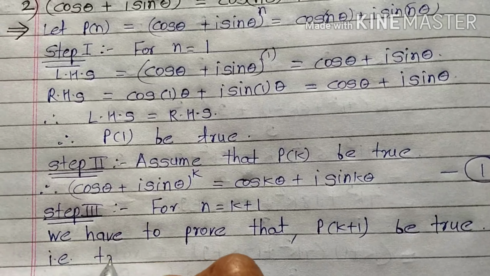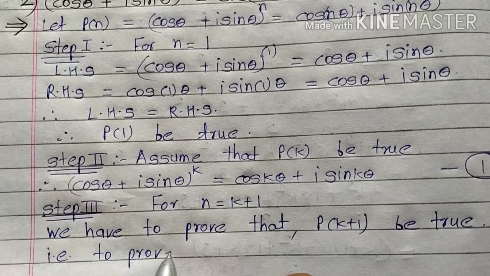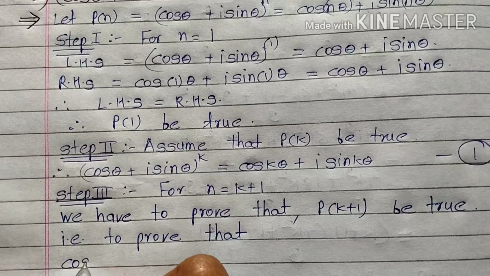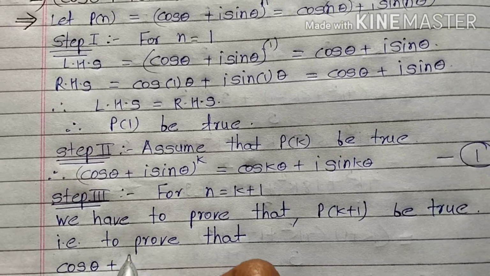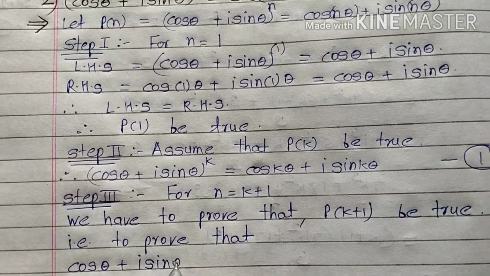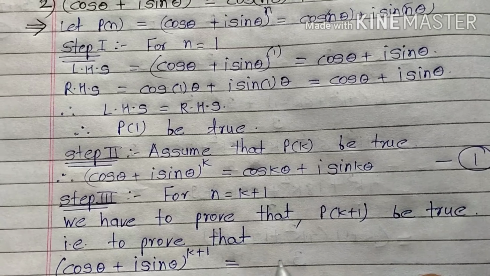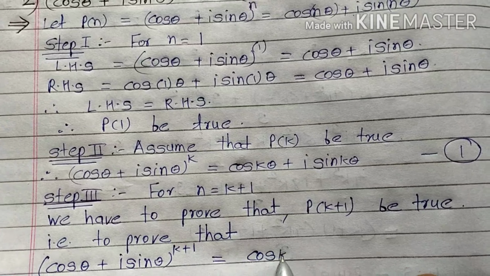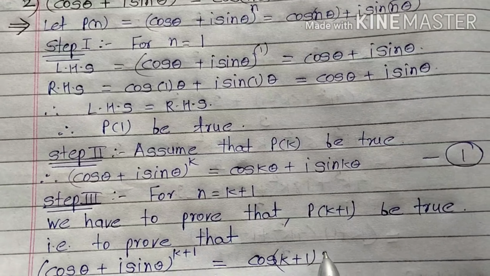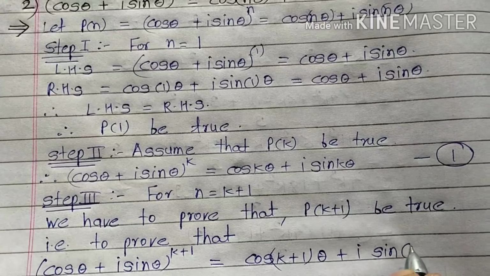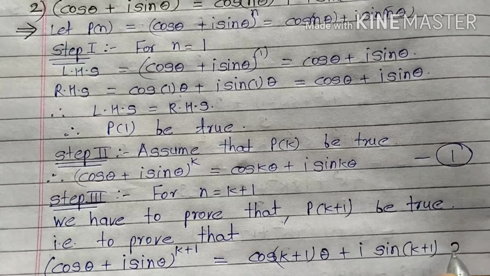That is to prove that cos theta plus I sin theta raised to k plus 1 is equal to cos k plus 1 theta plus I sin k plus 1 theta.